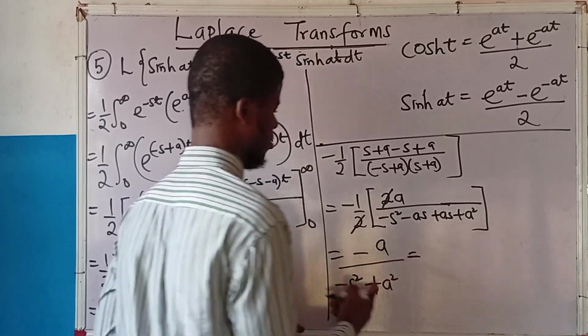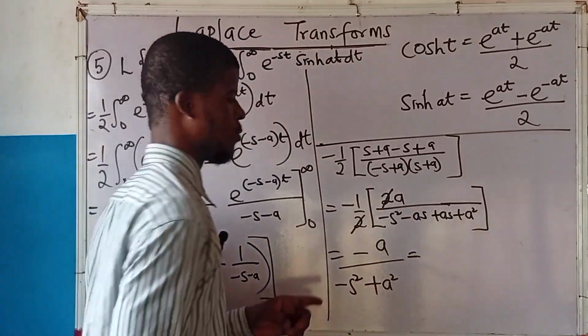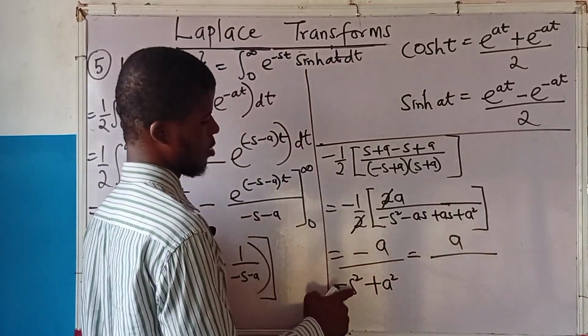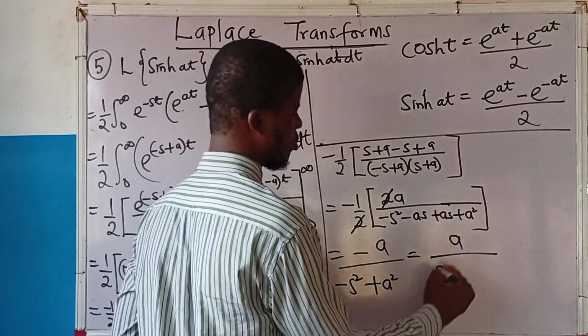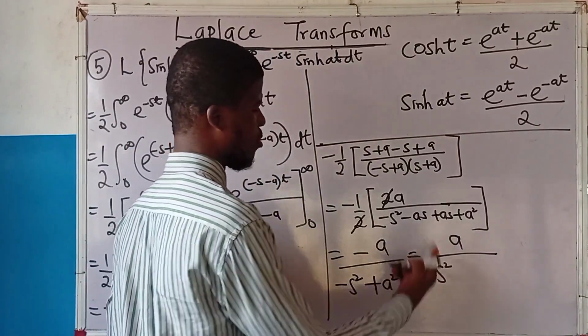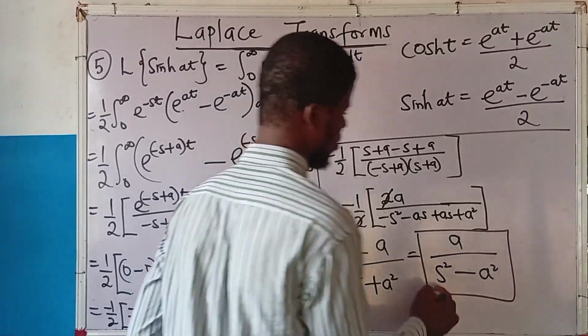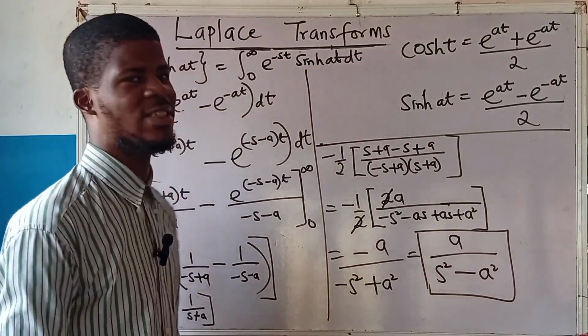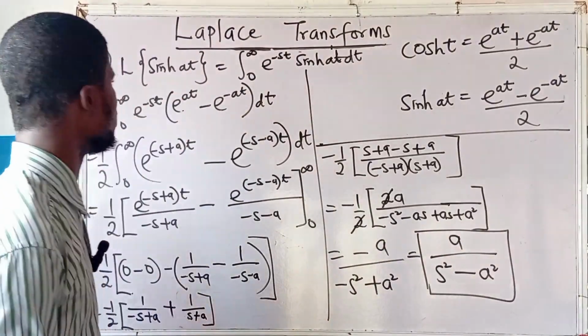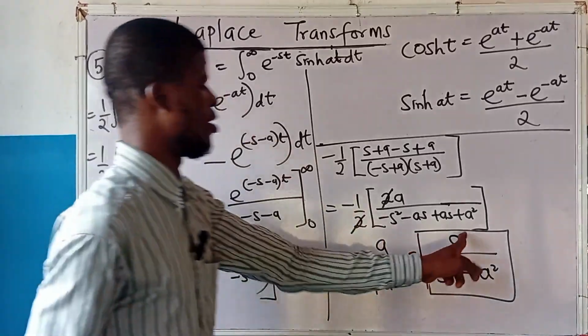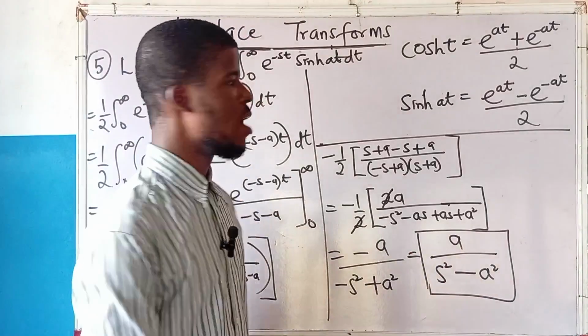But you know what? This is correct, but the minus should come down. We have a all over, if the minus comes down, this minus s squared becomes plus s squared. This plus a squared becomes minus a squared. This is the Laplace transform of the hyperbolic sine of at. So the Laplace transform of sinh at is a over s squared minus a squared.